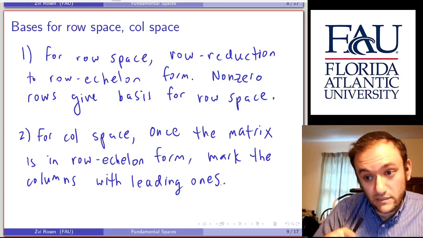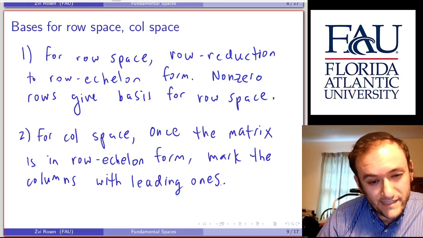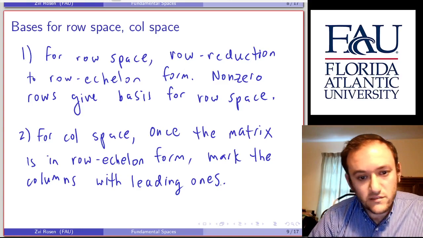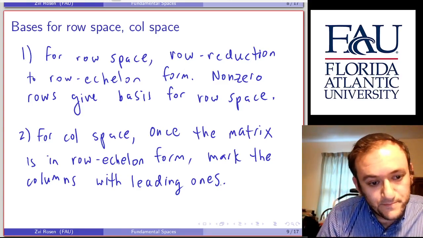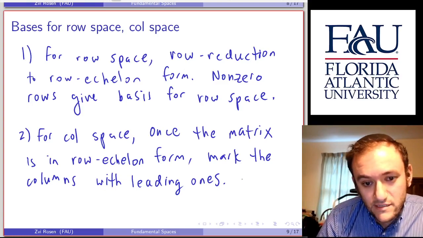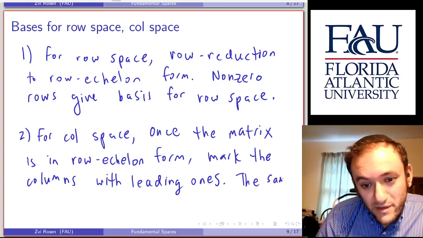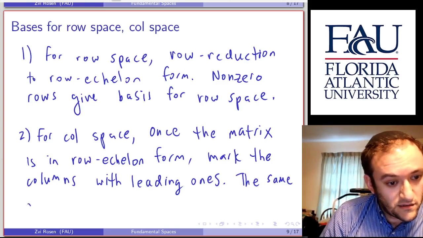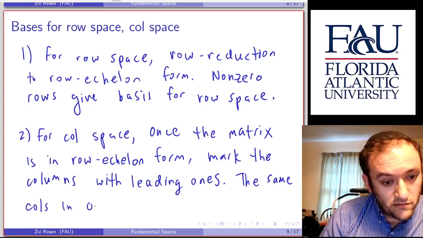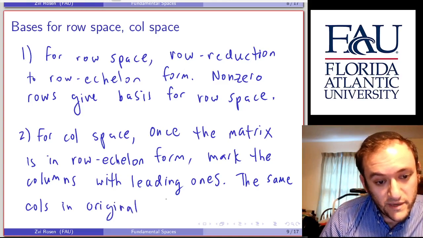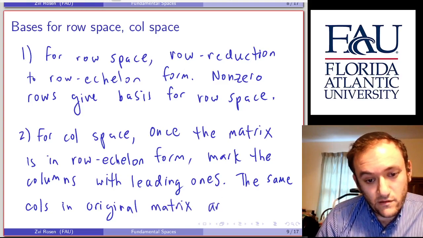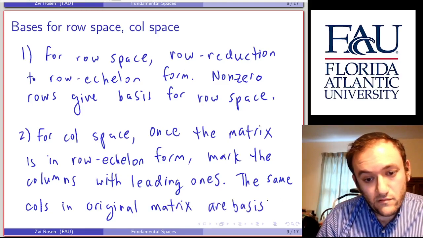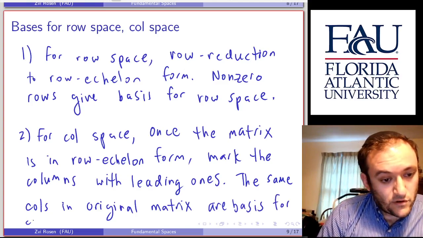Unless you're in reduced row echelon form, you'll have some numbers up to a 1 and then zeros below. Mark columns with leading ones. The same columns, but in the original matrix, will be a basis for the column space. Apologies for the small font.